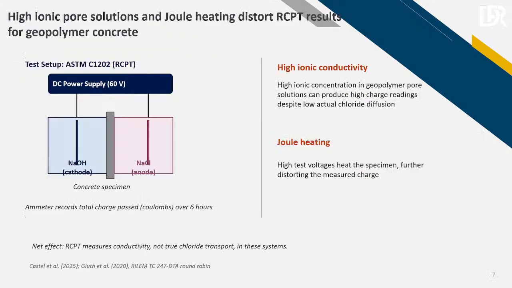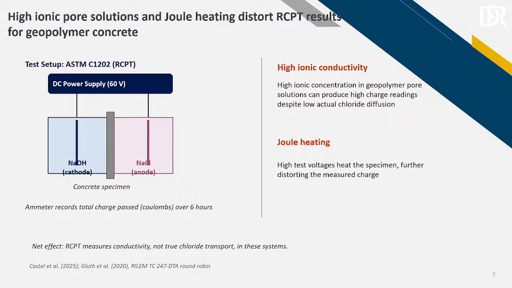So why can't we use this for the geopolymer? Because of a few things. The first thing is that geopolymers, at some point, they have soluble pores, alkali soluble pores, and they can be conductive. So that means when you try to pass a current through them using 60 volt, the sodium and potassium ions used will also pass.